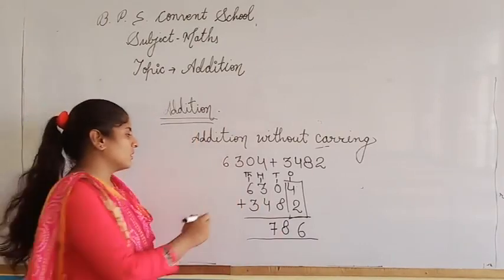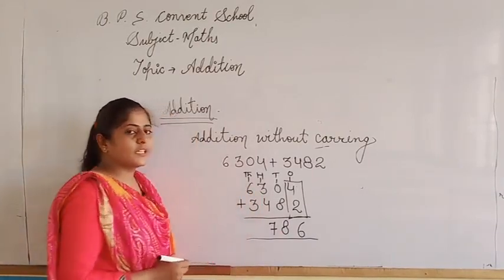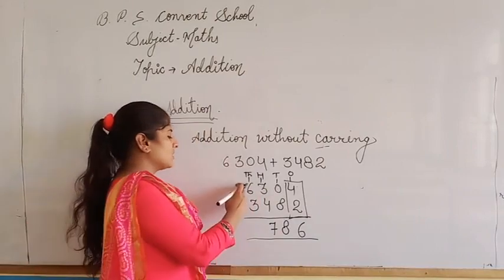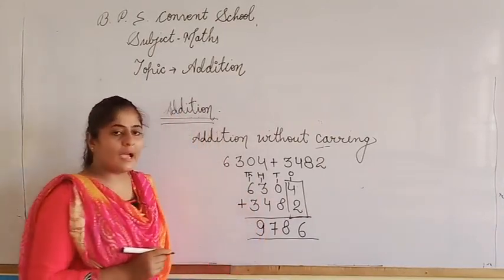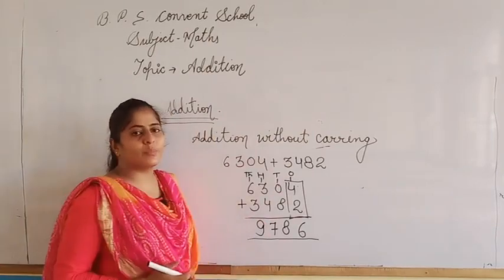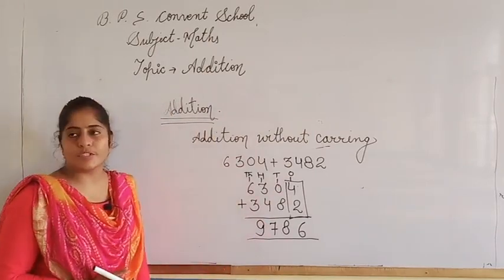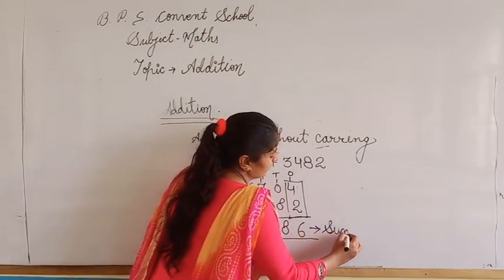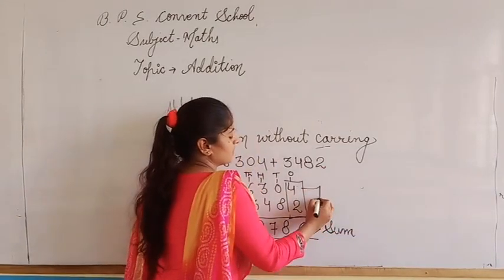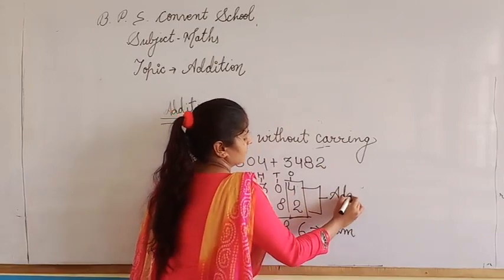Next, thousands column, 6 plus 3. 6 plus 3 is equal to 9. The sum of these two numbers is 9,786. It's the sum. These terms we call addends.